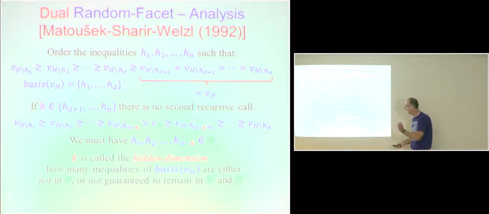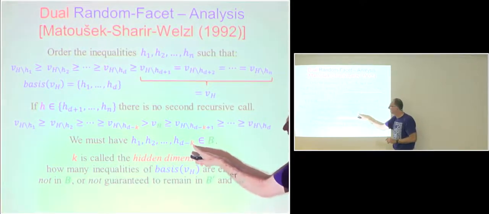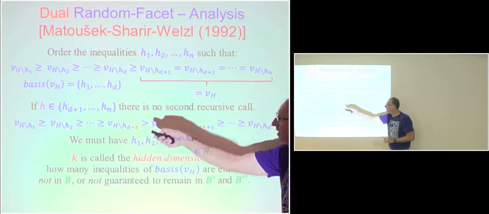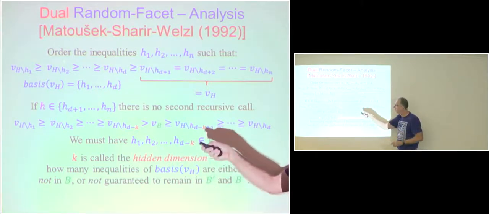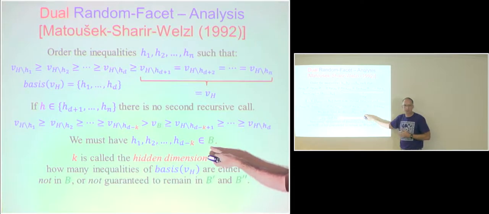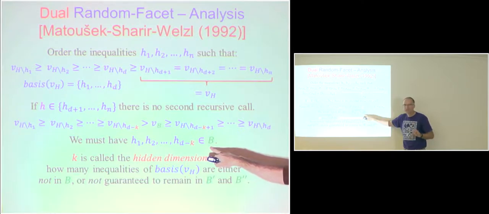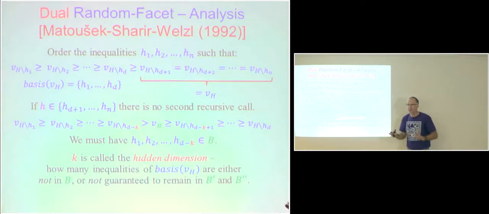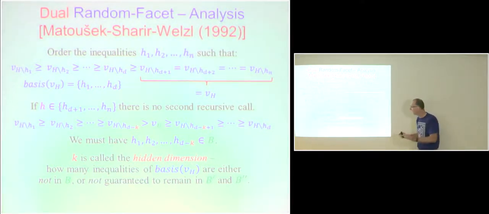Now, k is really the cornerstone of this argument. We call it the hidden dimension. What is the interpretation of k? It means that we have d minus k constraints from the optimal basis which are currently in our basis. We don't know who they are, but they sit there. And I claim that they would never trouble us again, in the sense that they would never leave the basis. Why wouldn't they ever leave the basis?